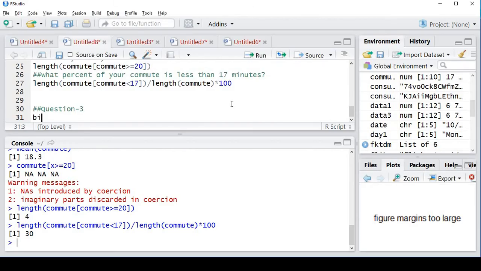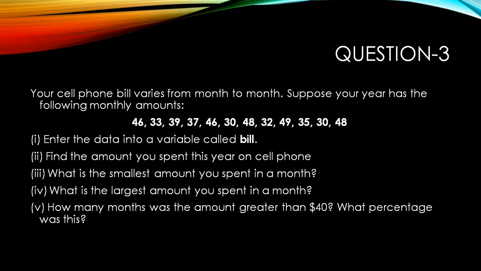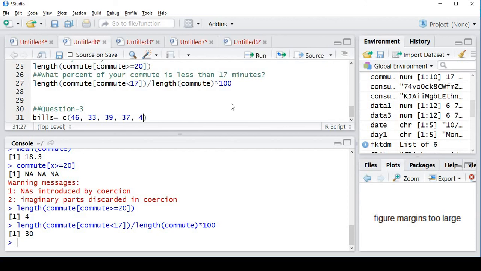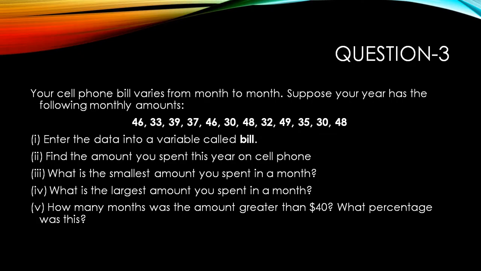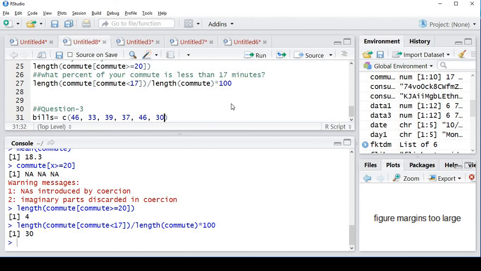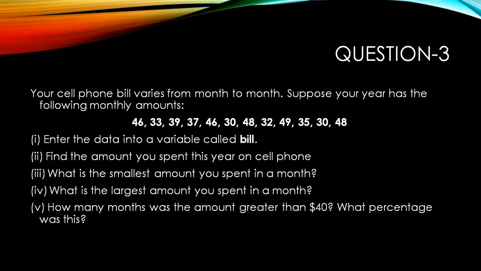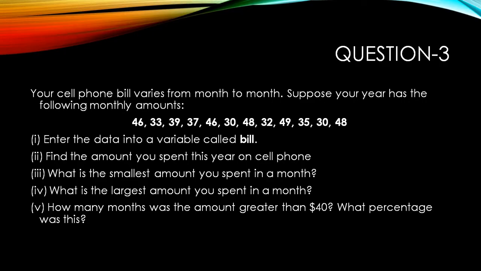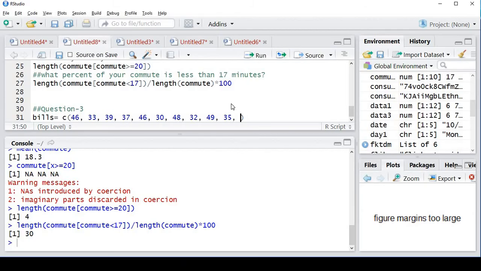I'll put bills equals c, 46, 33, 39, 37, 46, 30, 48, 32, 49, 35, 30, 48.